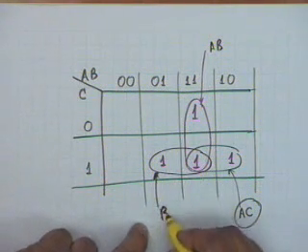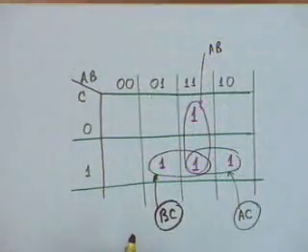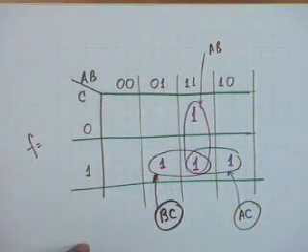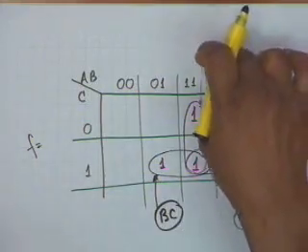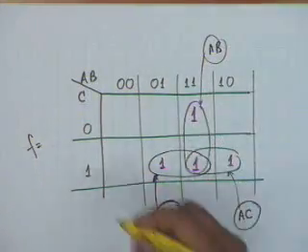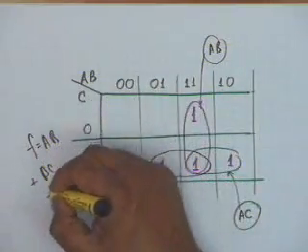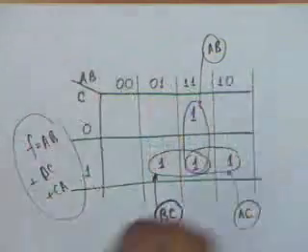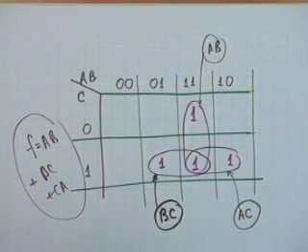A, and therefore this represents BC. And that is all that you have to take care of. You have to pair, and then you get F, the function, as the OR operation of all the three expressions. That is AB plus BC plus CA. And you can show by truth table that this is indeed the majority machine, or the vote taking machine.